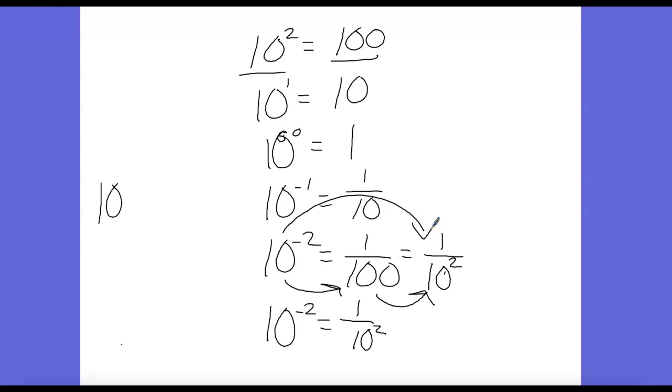Okay. So if I said we had 10 to the negative 5, could you tell me what that's going to be as an exponent, using an exponent? Autumn? One over 5 zeros?